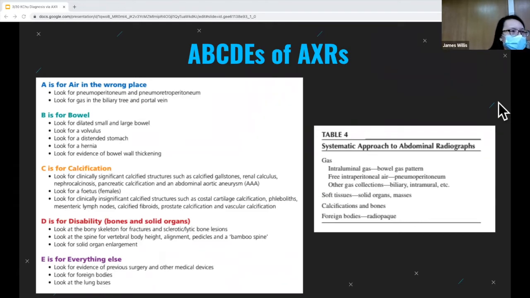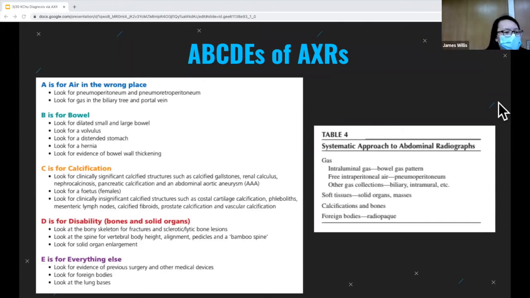You can also look for bowel patterns like wall thickening. C, look for calcifications, whether it's the kidney or the gallbladder, maybe a calcified AAA. Also look for any calcified lymph nodes, fibroids, maybe phleboliths you can see as well.